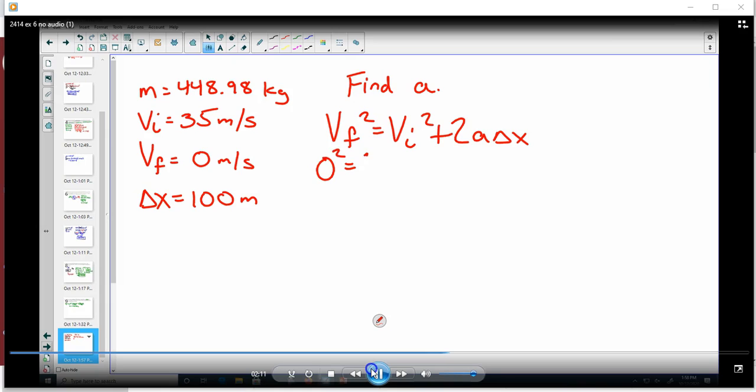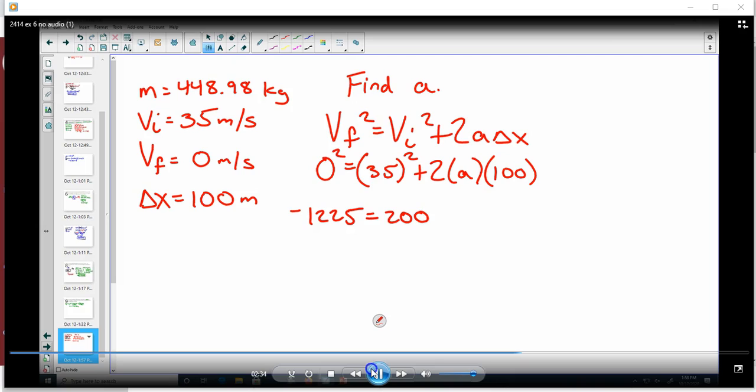We plug in the values that we already know, and then solve. We find that the acceleration is equal to negative 6.125 meters per second squared.